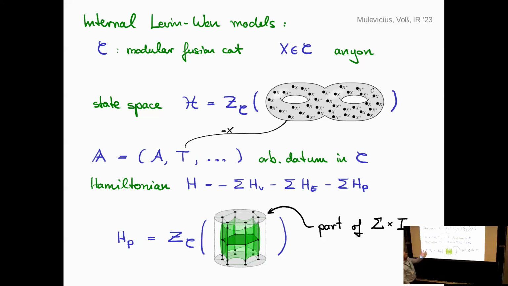Okay, and then out of this orbifold datum, I can build a Hamiltonian, which again has a vertex, an edge, and a plaquette Hamiltonian. And I only describe the plaquette Hamiltonian. The plaquette Hamiltonian is given by evaluating the 3D TFT on that surface times an interval.